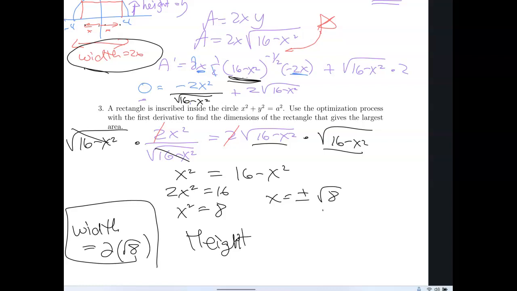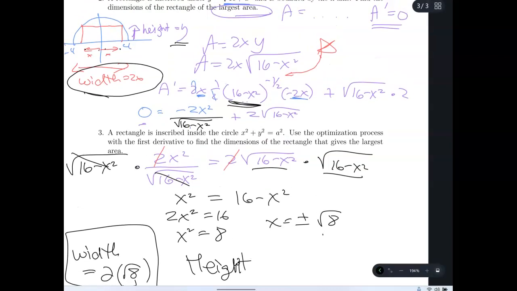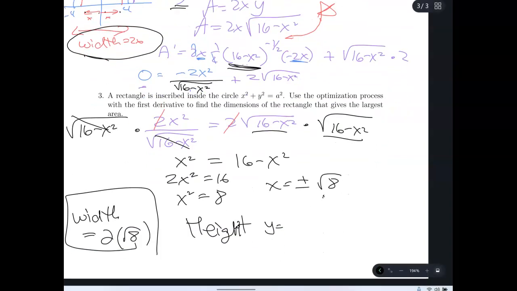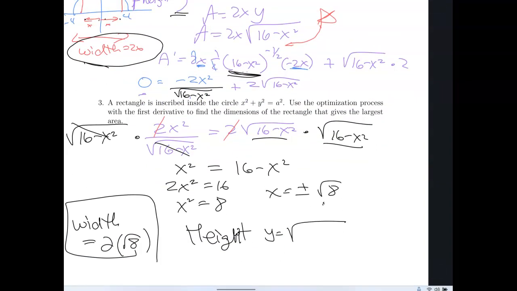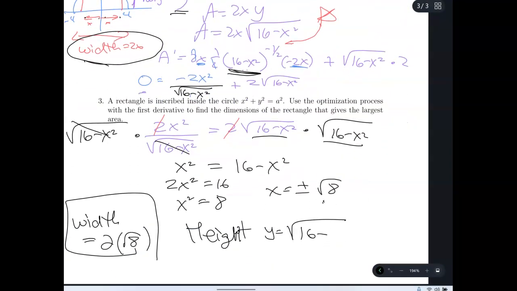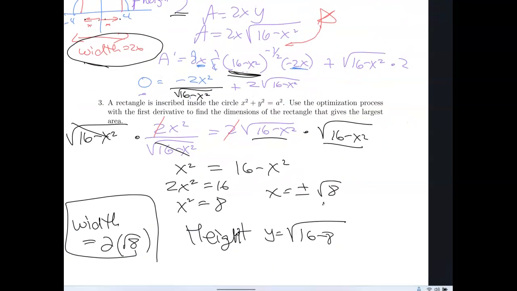The height of my rectangle is the y value. So that's going to be putting in root 8 into here, right? So I get square root 16 minus, oh, wait a minute, I'm squaring it, right? So 16 minus 8, and so that gives me y equal root 8 for the height. So there's the height, and there's the width.